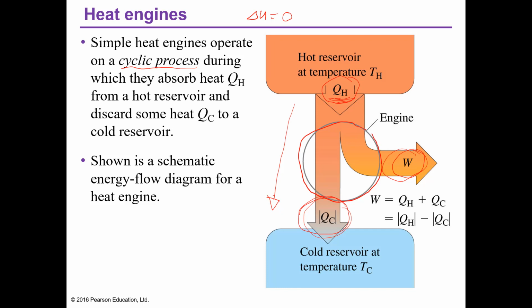So ang iyang buhaton kay nag-absorb siya og heat QH, and then this QH will convert into work. Some of it is converted into work and some of it is rejected, and we call that one as QC. Okay, some of it is converted into work and some of it is rejected to cold reservoir at some temperature Tc.